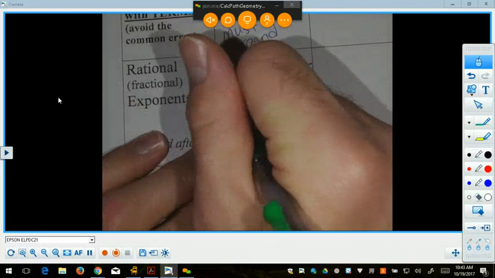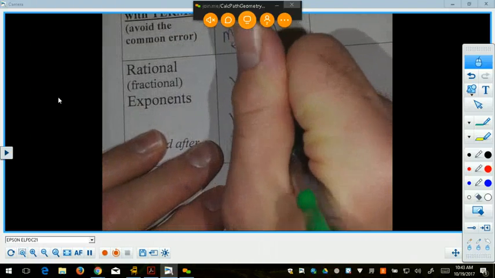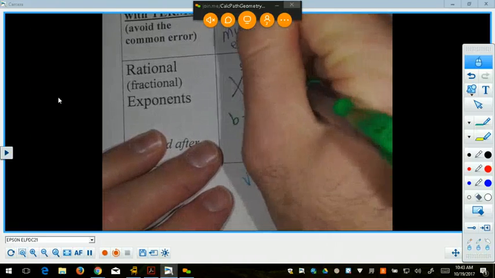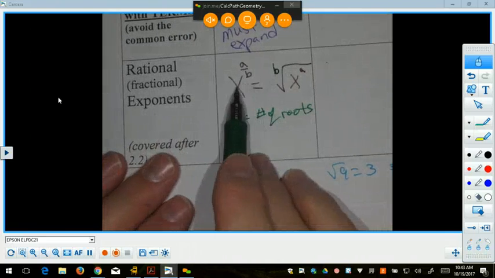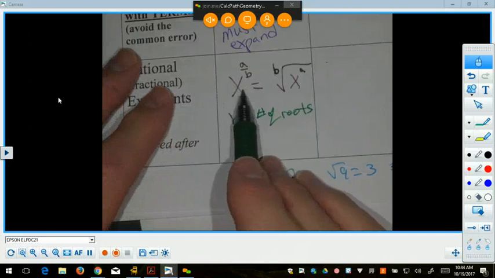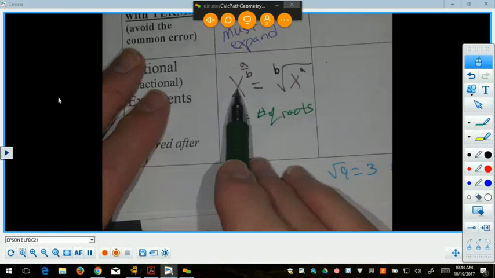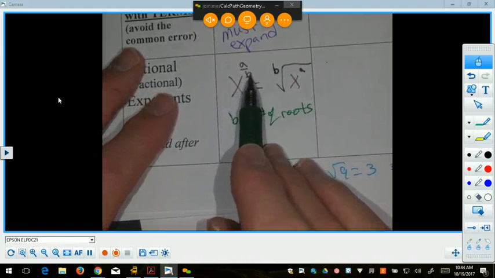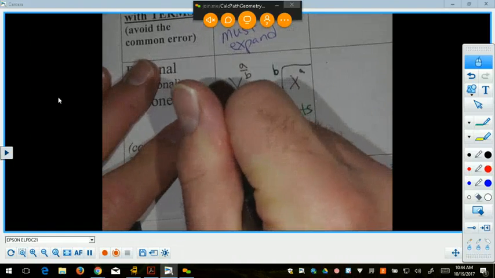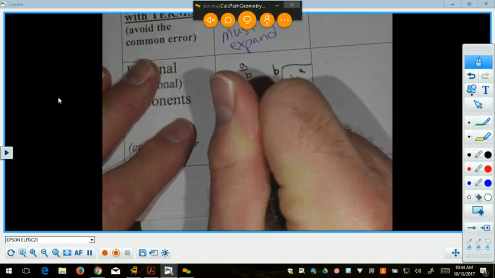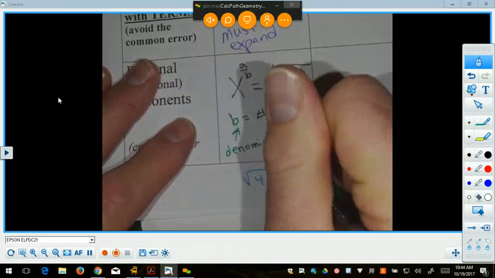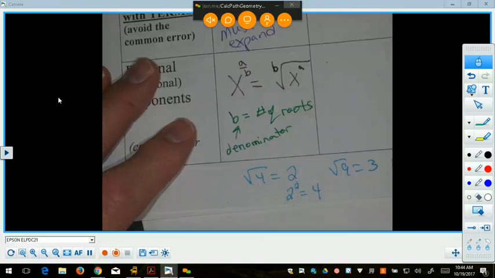B is the number of roots. Fractional exponents, the way they're set up for our notation, if you have a denominator in your exponent, the denominator equals the number of roots.